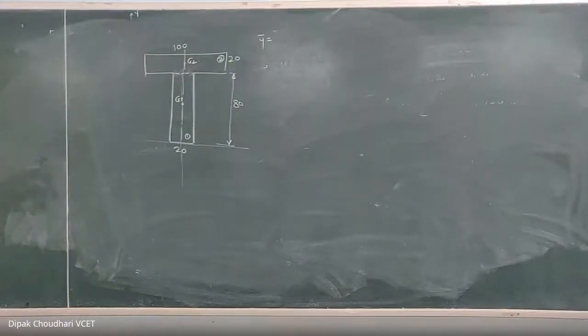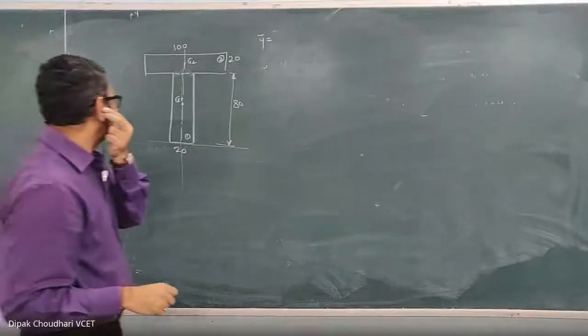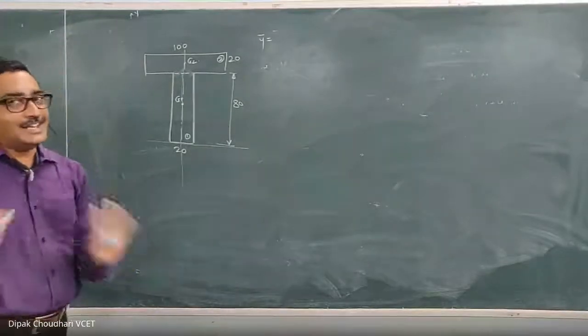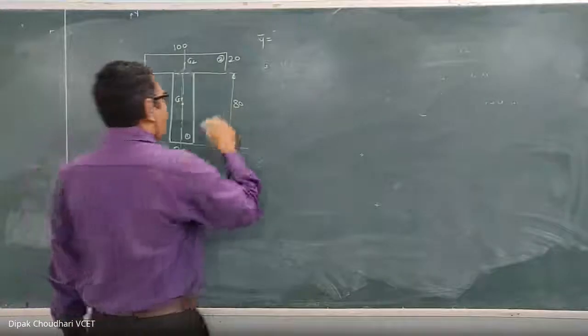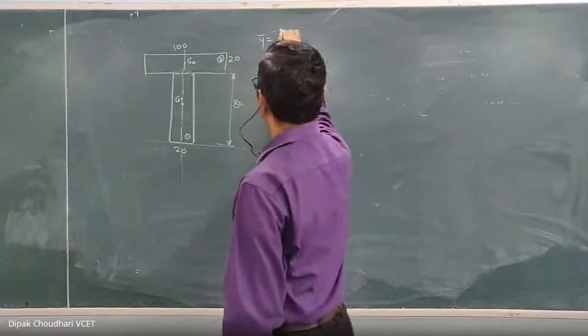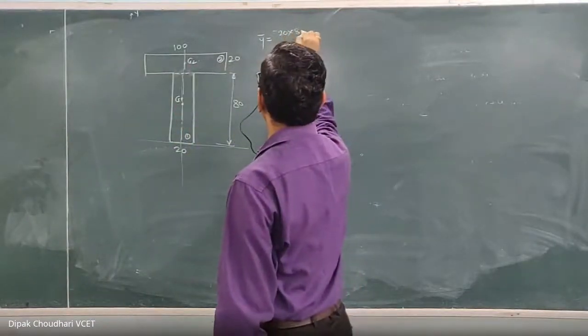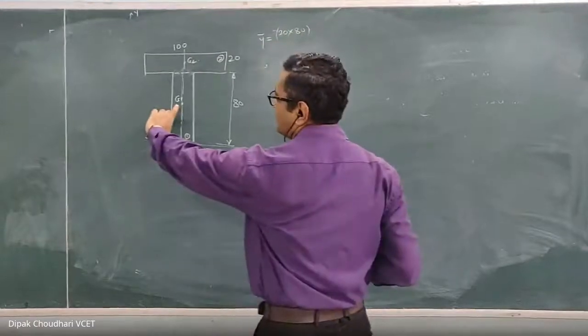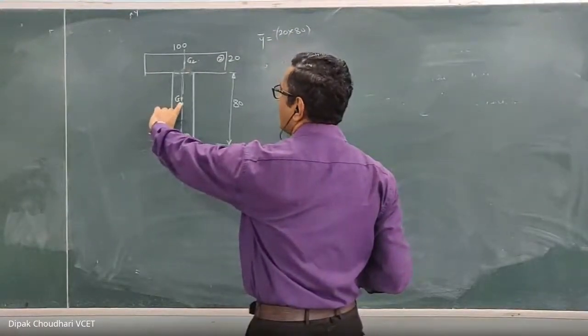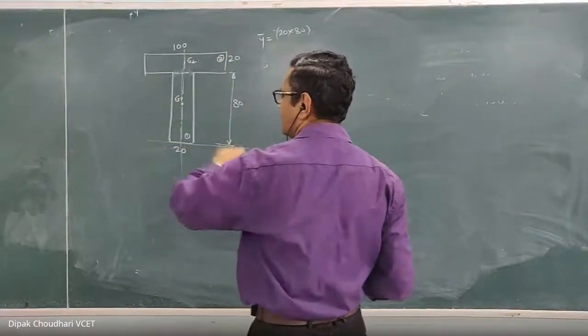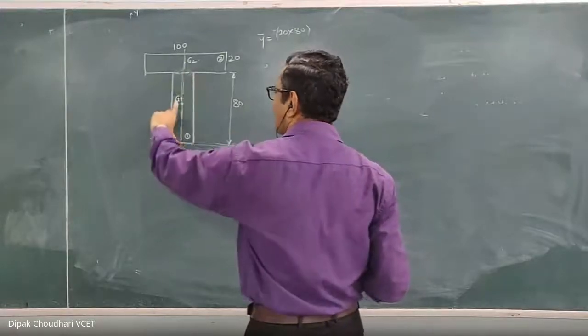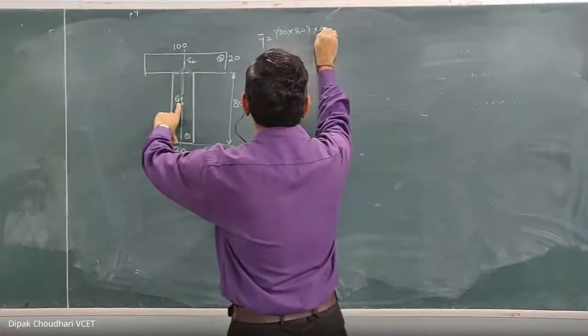Now we have to calculate the y bar. I am going to write it directly. Just listen. Y bar equals A1 Y1, it is 20 into 80. Y1 is the distance of the centroid from the x-axis, which is always at the bottom. If this is 80, this distance is 40.